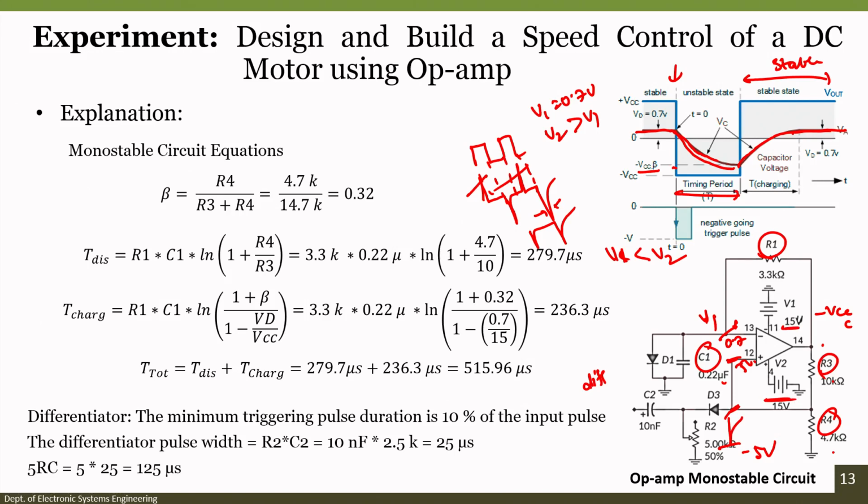In this state it goes to minus VCC, and at one particular point the capacitor value will be higher than the minus VCC value, then it goes to the next state, which is the stable state. This duration is the unstable state, and it entirely depends upon R1 and C1.